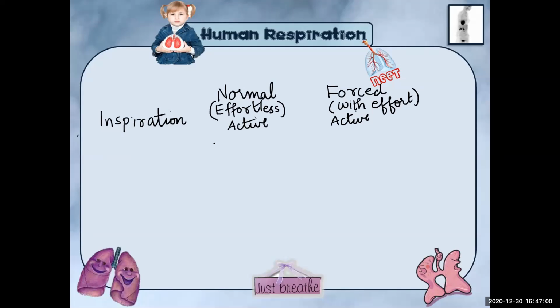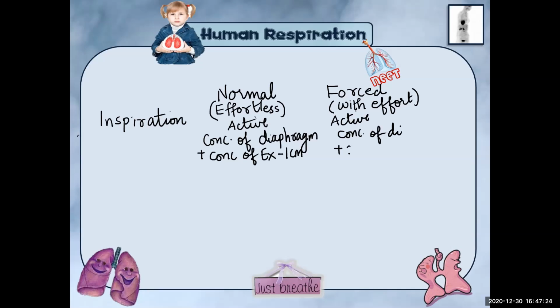ठीक है? Both of them require what? Contraction of diaphragm and contraction of external intercostal muscles. Even forced inspiration requires contraction of diaphragm and contraction of external intercostal muscles.